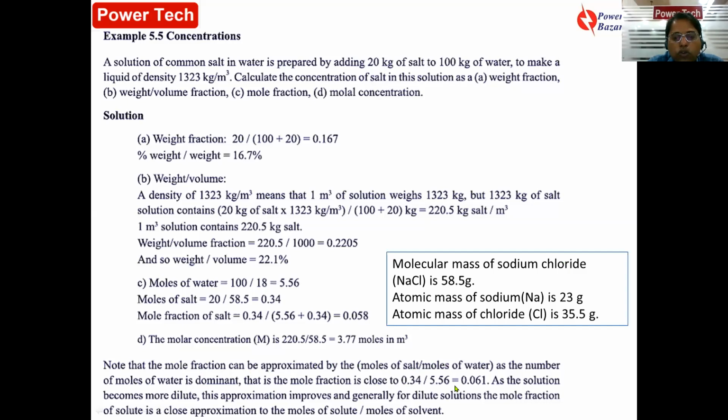Mole fraction is close to 0.34 by 5.56, which becomes 0.061, and as the solution becomes dilute, this approximation improves. Generally, for dilute solution, mole fraction of solute is a close approximation of moles of solute per mole of solvent. But in theory, these are the formulas and we have to do accordingly. Here we just have to remember the molecular mass of sodium chloride and molecular mass of H2O.